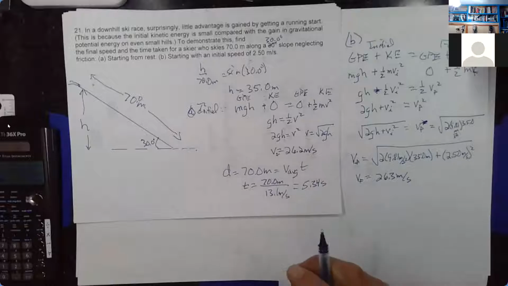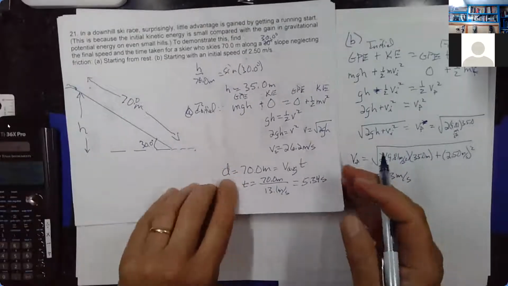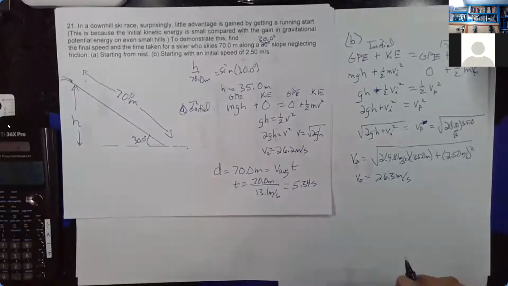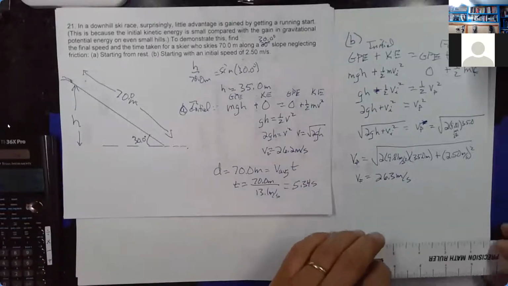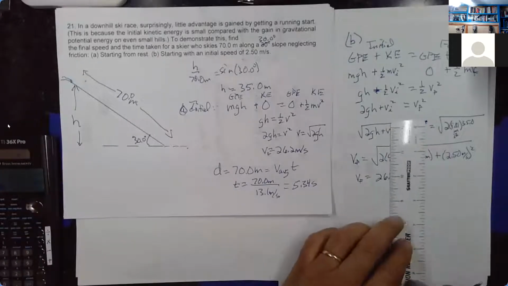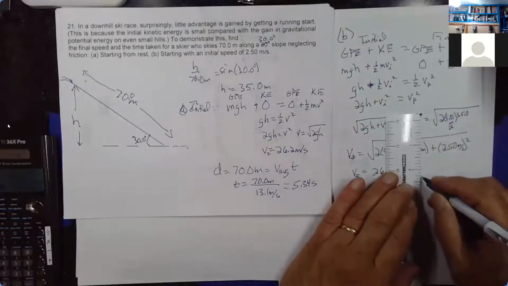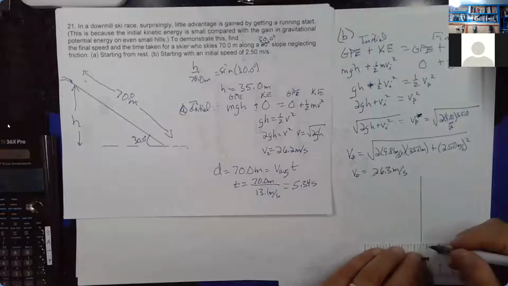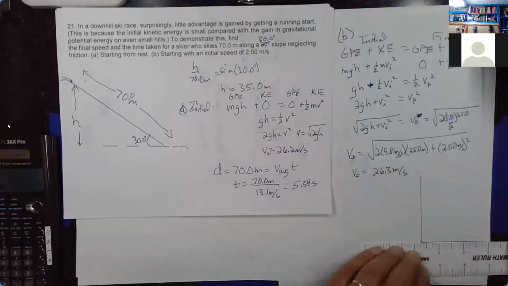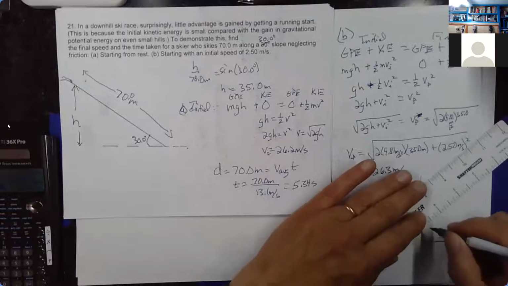Now, what about the elapsed time for their trip? Well, let's see. I can still do a velocity averaging thing here. I still have a constant acceleration downward. In fact, the acceleration ends up being g sine theta.